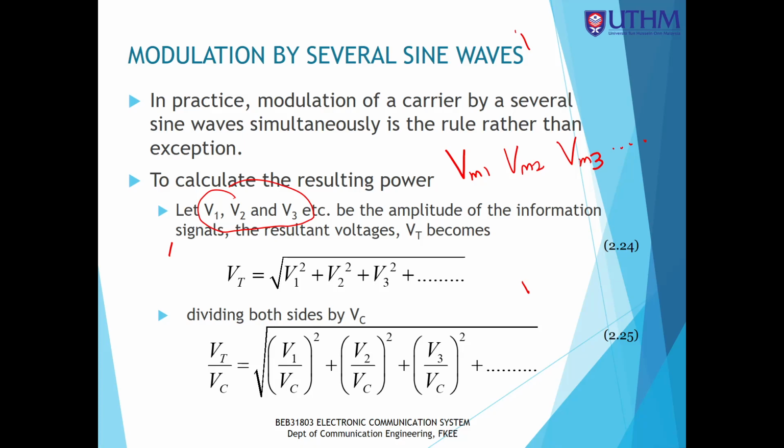Each input will produce 2 sidebands. So kalau you ada satu input, you akan produce 2 sidebands, lower and upper. If you have 2 input messages, for example VM1 and VM2, you will produce 4 sidebands. If you have 3 input message frequencies, you're going to produce 6 sidebands. Ini saya akan tunjuk nanti.